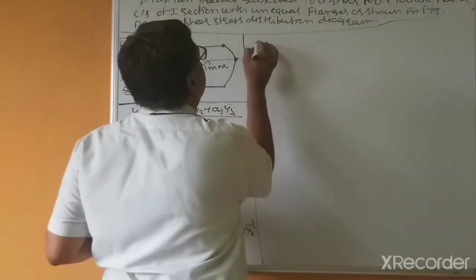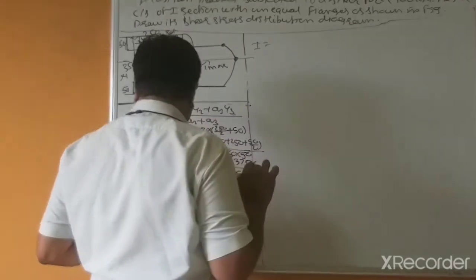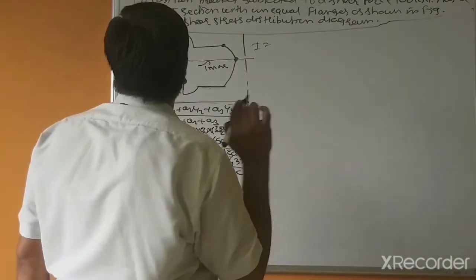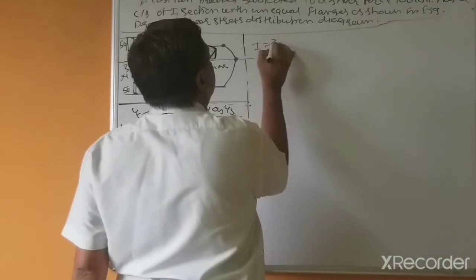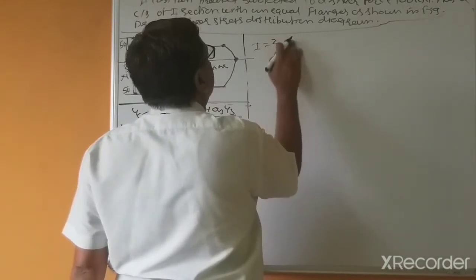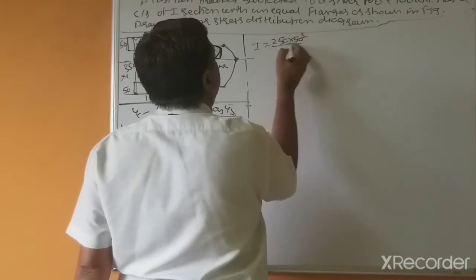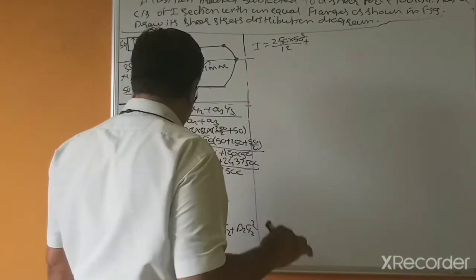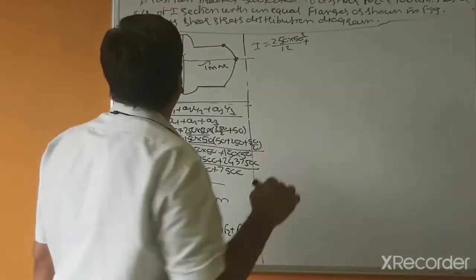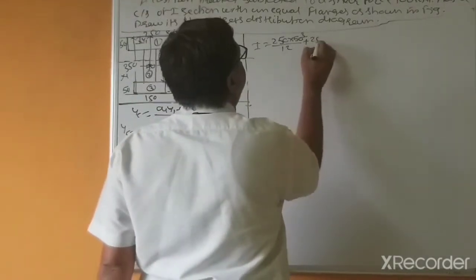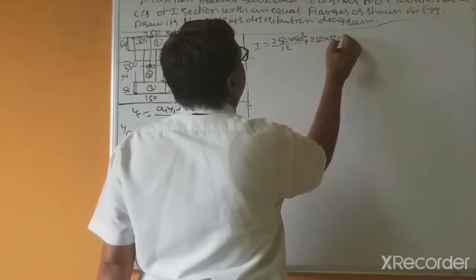So first self moment of inertia: B equal to 250 and D equal to 50, cube divided by 12, plus first area 250 into 50.